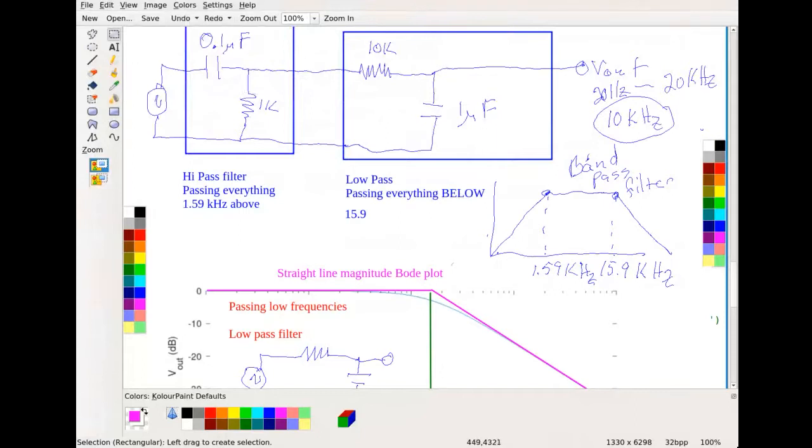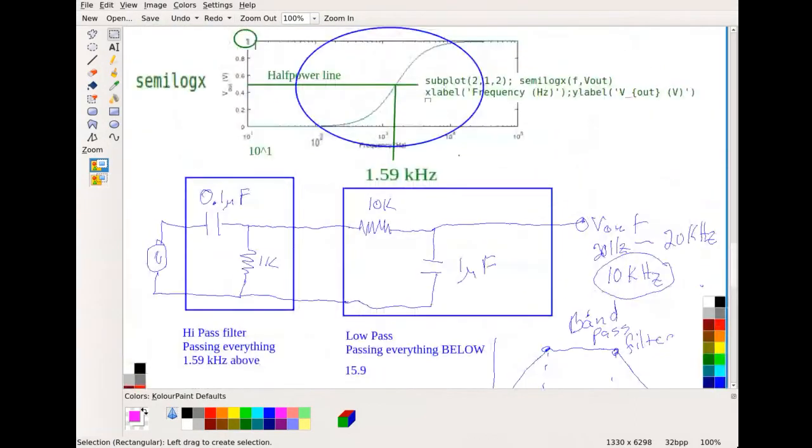This is kind of a ladder circuit right here, where you combine them. Actually, if you combine one high pass with another high pass, then you make it steeper and you filter it in even tighter. So he talks about the ladder circuits in there also.